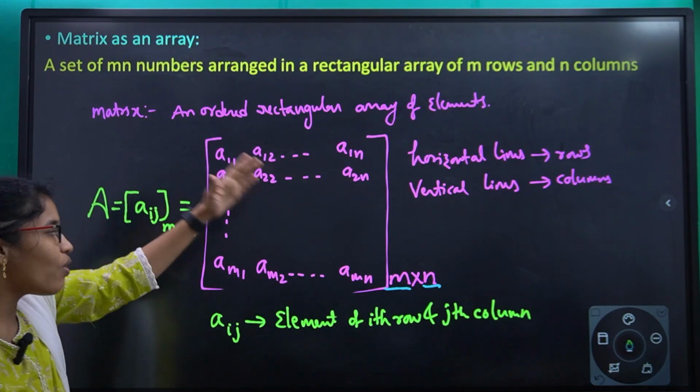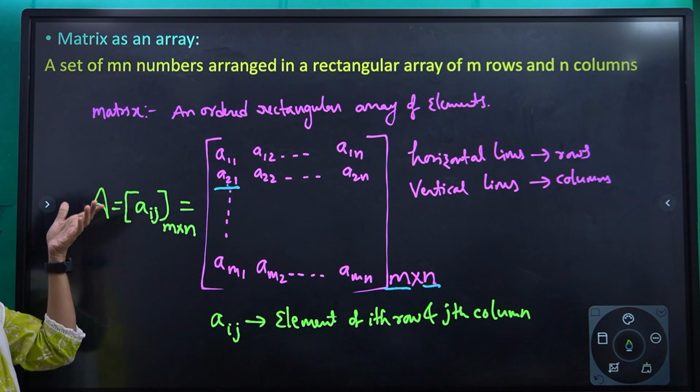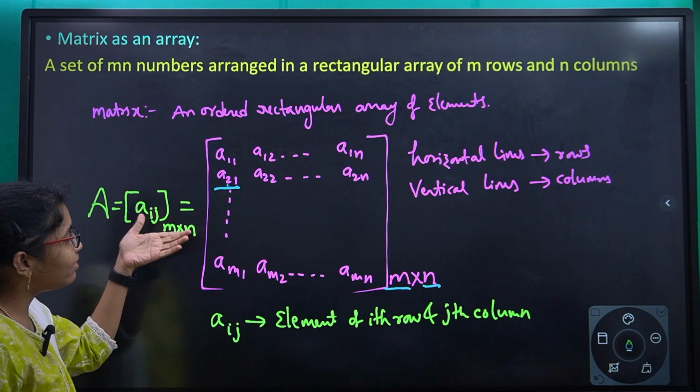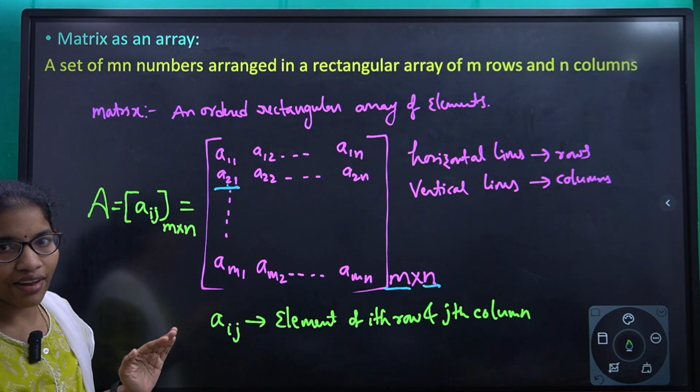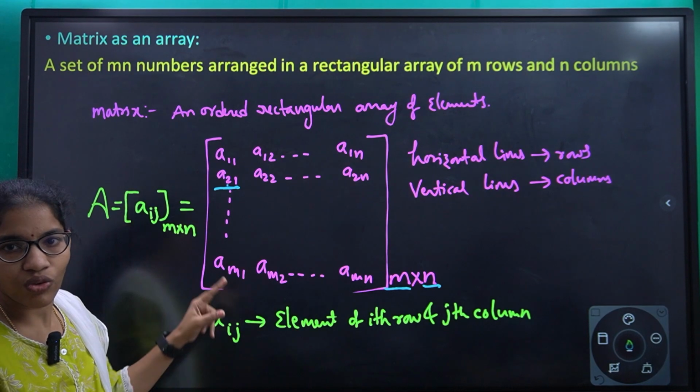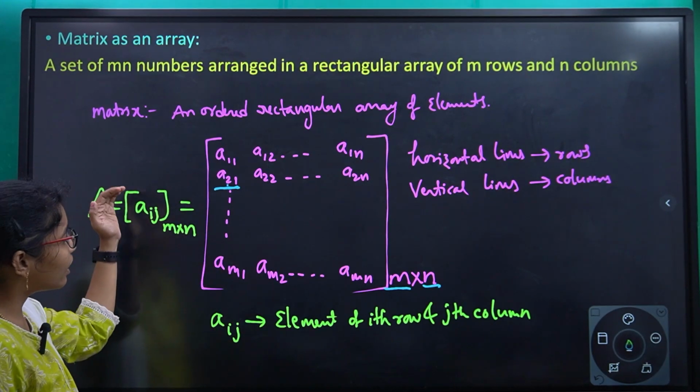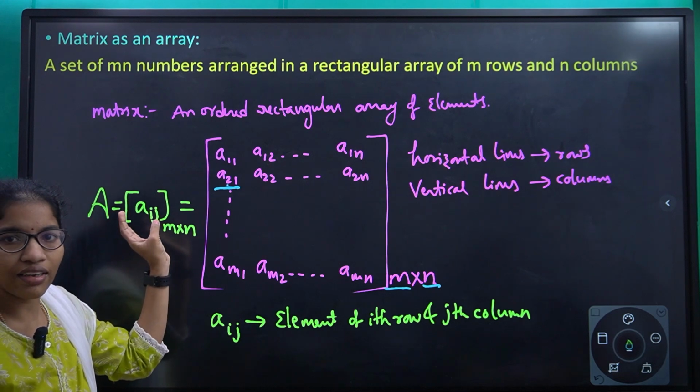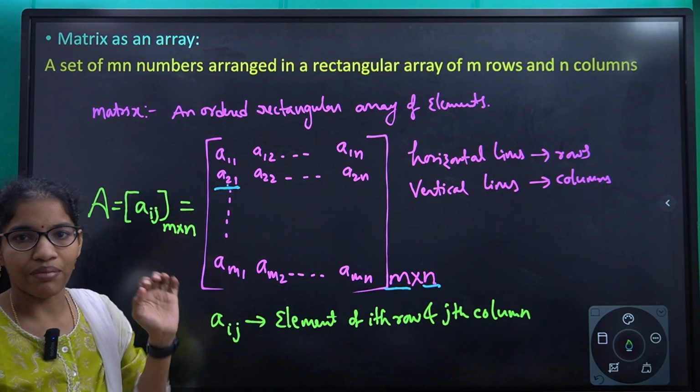So the whole matrix you can represent either as A or as [Aij] m by n. Without brackets you take it as only one element, but with square brackets you take it as the whole matrix.